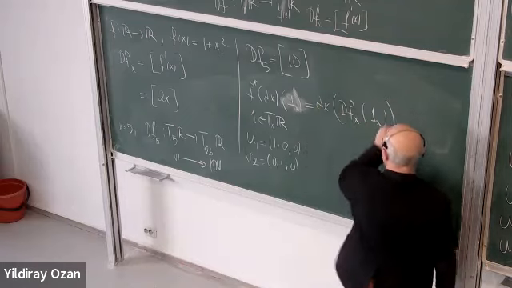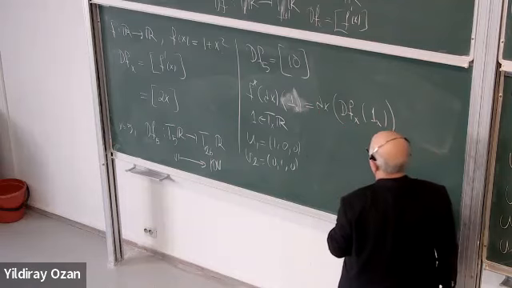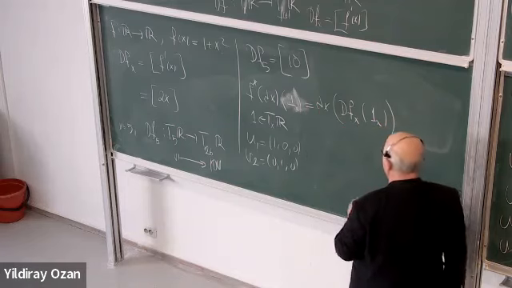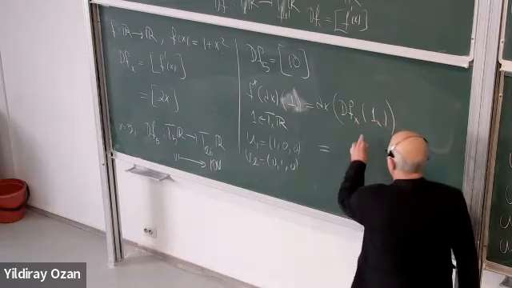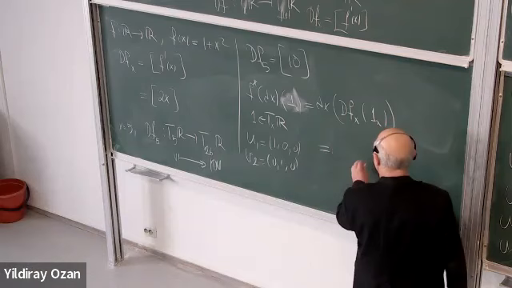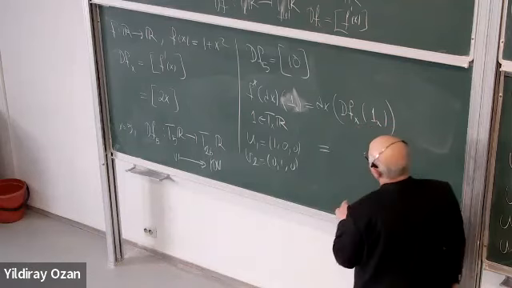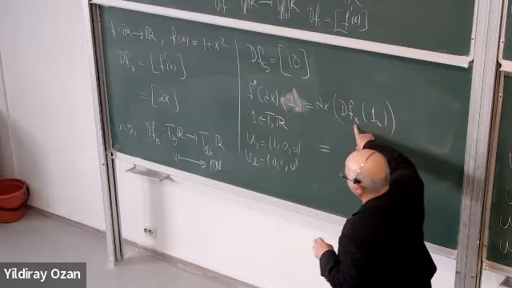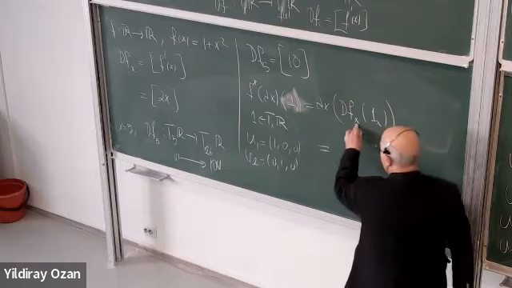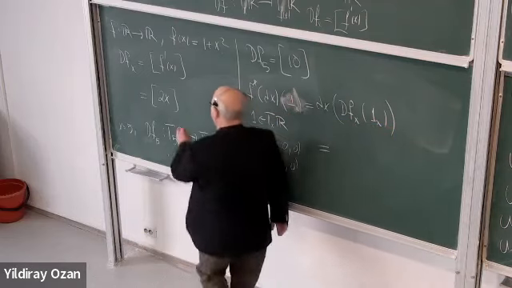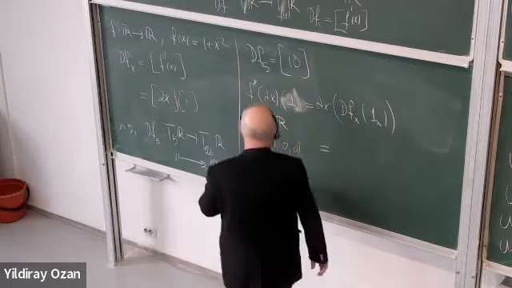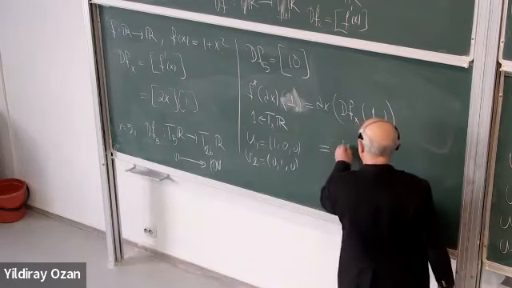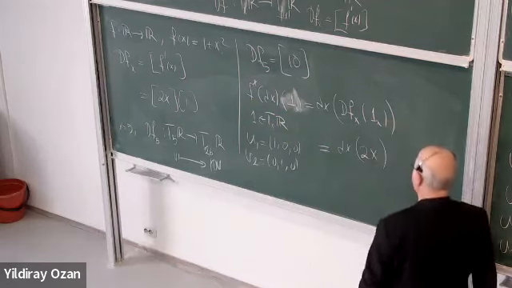dx. So what is this? It was 2x. So I just multiply this vector by 2x. We get 2x here, and then we take dx of this.